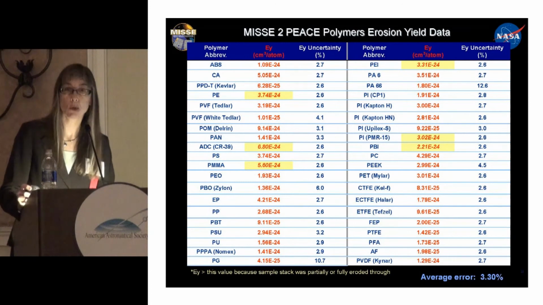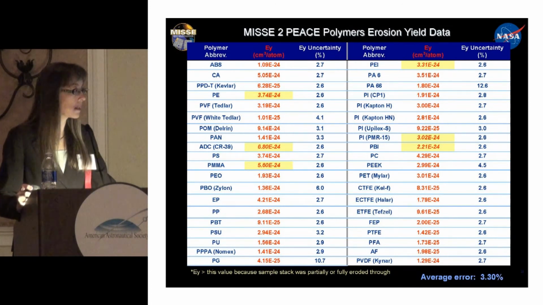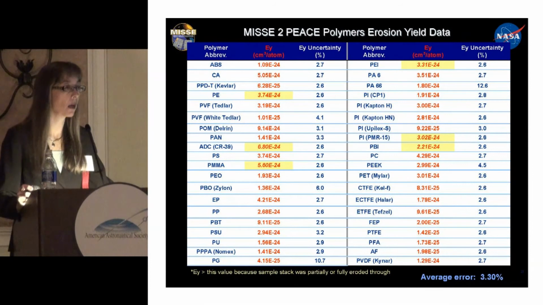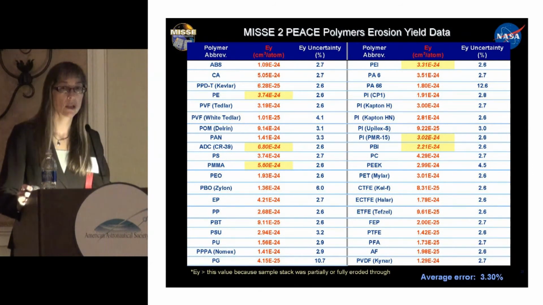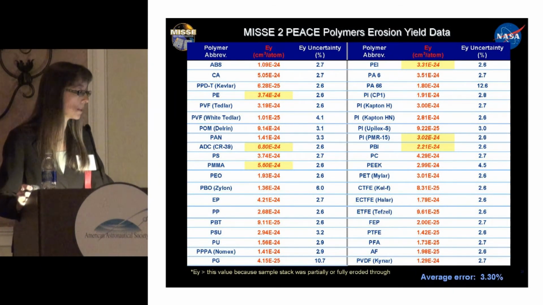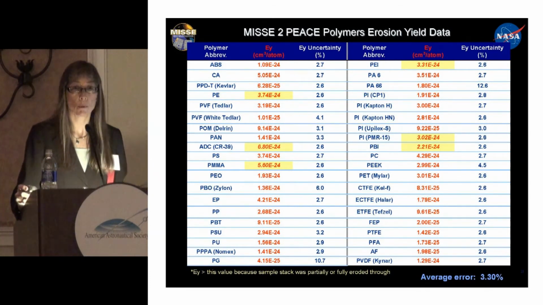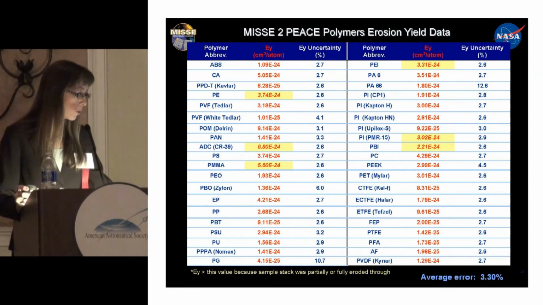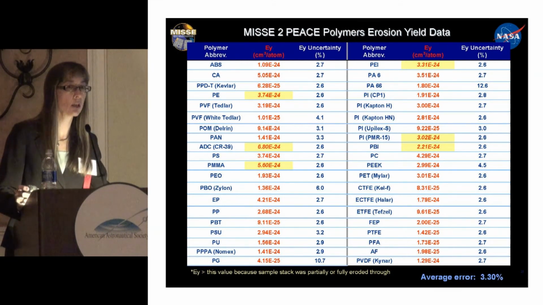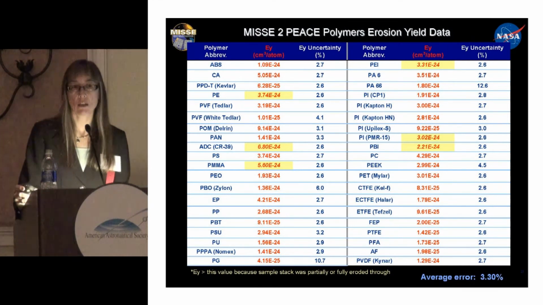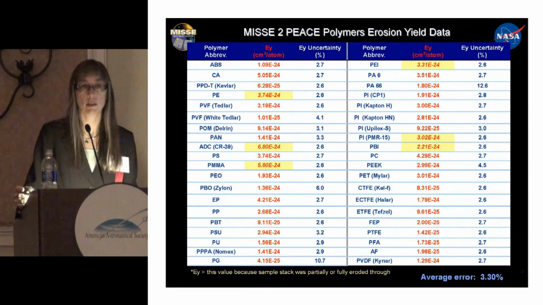So we have determined the erosion yield of these polymers. The data is provided here along with the polymer abbreviation, and also we conducted an extensive error analysis to determine the error in these erosion yield values. 6 of the samples are highlighted in yellow, and that's because, as you may recall me saying, we stacked enough material for a 3-year mission, but MISSE 2 was up in space for 4 years, so we actually had erosion that occurred either partially or fully through all the layers for these 6 samples, and the erosion yield values are not very accurate.